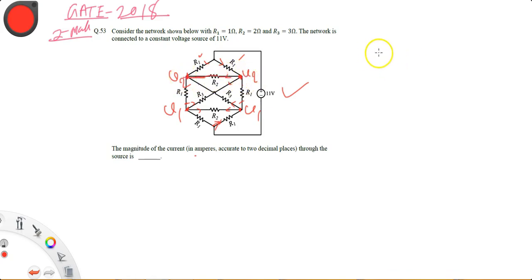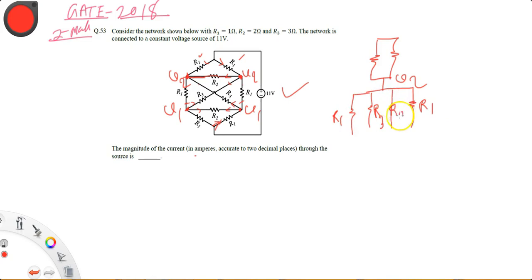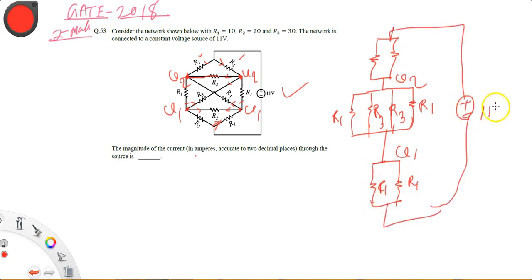So ultimately you will have R1, this node V2 and that node V2, so in this R2 no current flows, then R1, R1, R3, R3, R1, R1, R3, R3, then again R1, R1, with 11 volt.